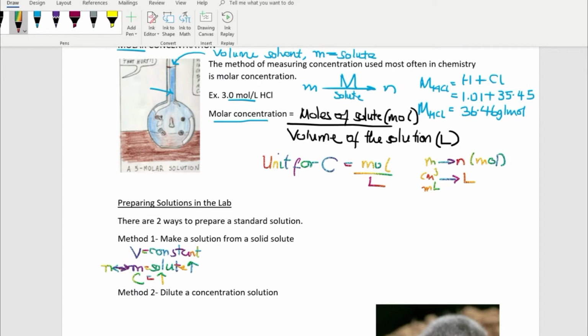So in this case there is a direct relationship between the number of moles and the concentration, and that is where the formula comes into play.